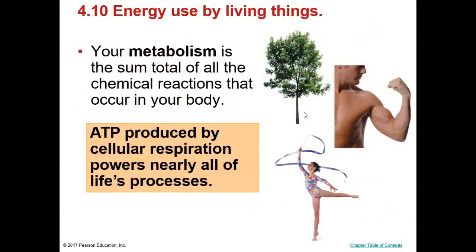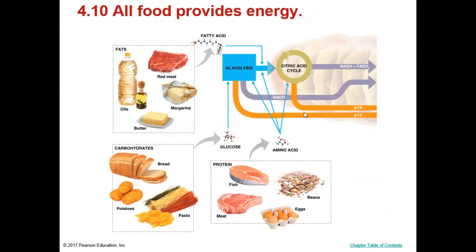All right. So again, our metabolism, right, is, yes, the sum total of all the reactions that take place in the body, right, in cells. But it's more than that because there's also hormones that are involved.